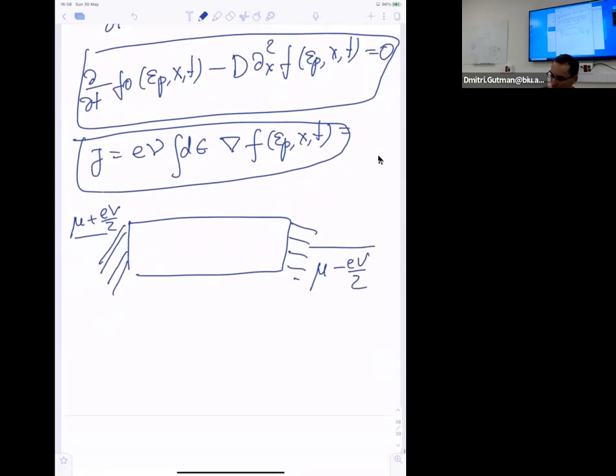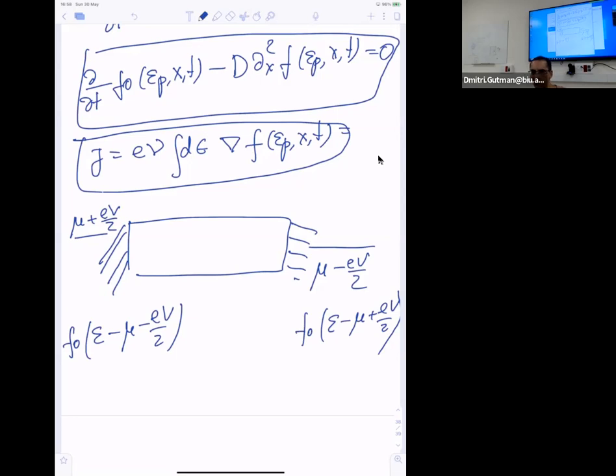We assume that in the ohmic contact, the distribution function is equilibrium-like. So here there will be a Fermi-Dirac function with this value of chemical potential, and there a Fermi-Dirac function with that value. As an electron reaches an ohmic contact, it has an equilibrium distribution function, but the value of the chemical potential is shifted because there is a bias applied.